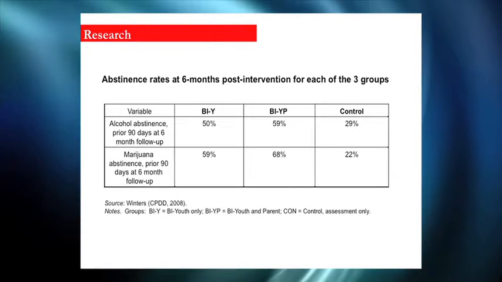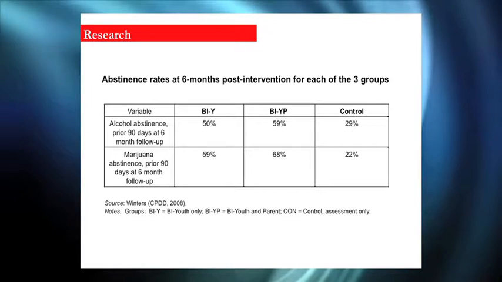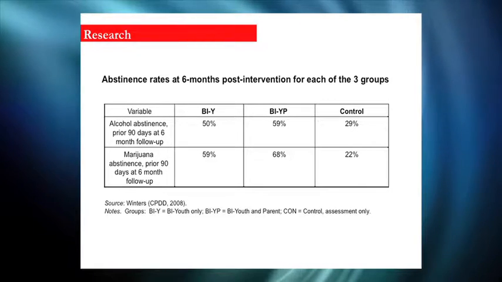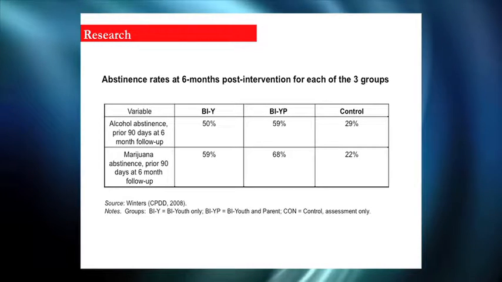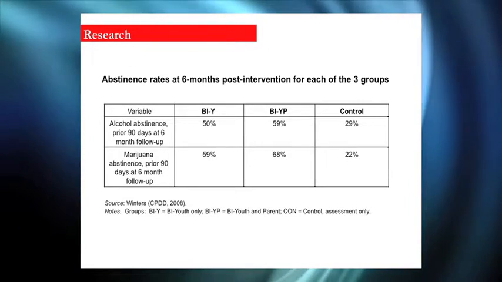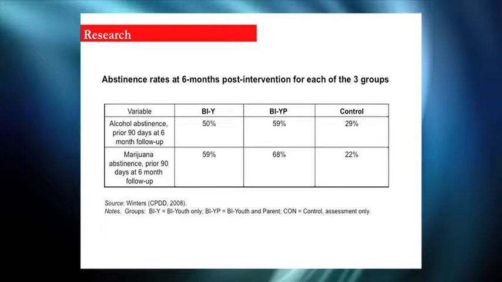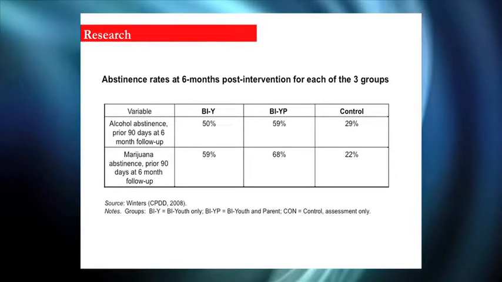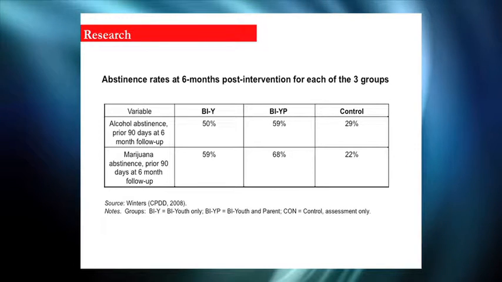So those are abstinence rates at 6 months for alcohol and marijuana. For the time window, we use the assessment measure called timeline followback, and we use the 3-month time frame. So at 6 months, you're asking the person about their last 90 days of use or non-use, and you're getting a detailed calendar review, and these are the abstinence rates.